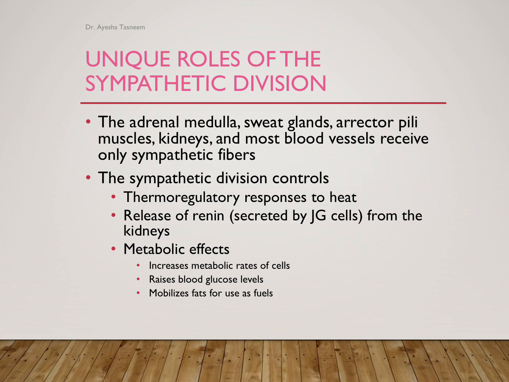The sympathetic division controls thermoregulatory responses to heat and release of renin, which is basically secreted by the juxtaglomerular cells of the kidney. Metabolic effects include increased metabolic rates of the cells, raised blood glucose levels, and mobilization of fat for use as fuels.